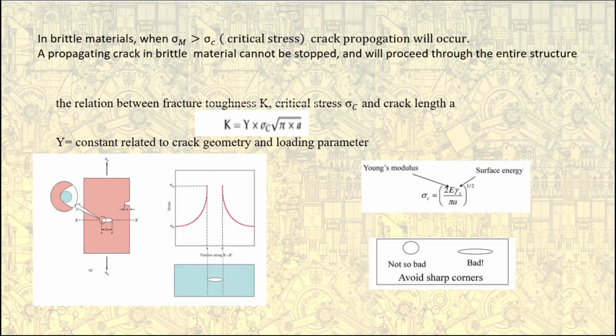Generally, there is a relation between fracture toughness K, critical stress, and crack length. The equation is written as follows. So, in designing any structure, it's preferred to avoid using sharp corners.